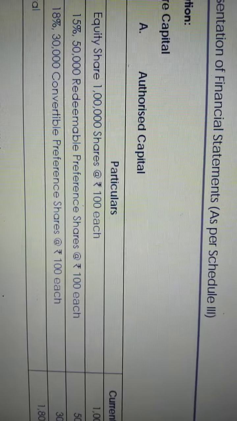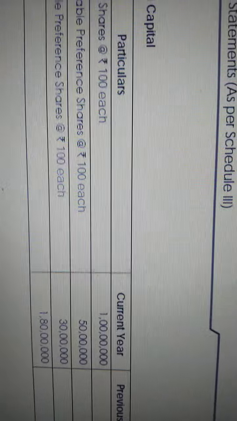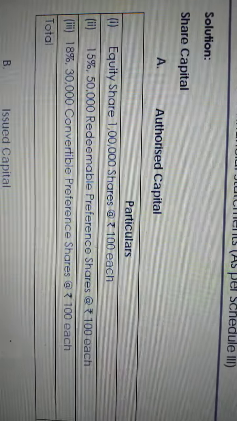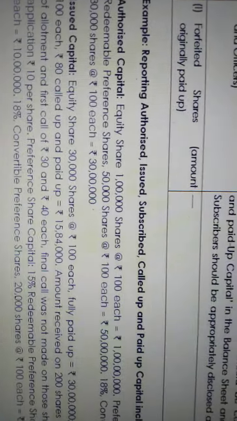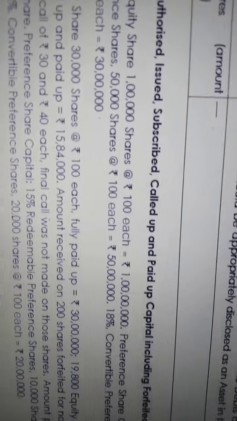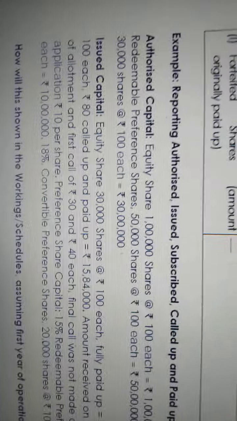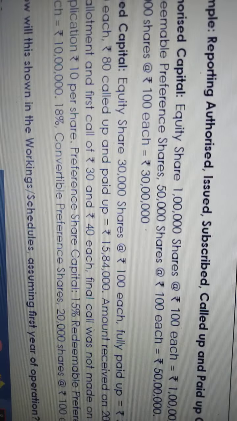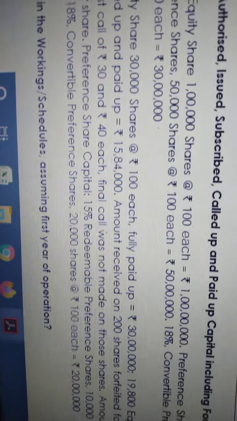First, authorized capital, 1 lakh equity shares. I am directly reading the answer. Question: authorized capital 1 lakh shares, preference share capital authorized how much? 50,000 shares. Then convertible preference shares how much? 30,000 shares. Then issued capital, out of 1 lakh shares, equity shares 30,000 issued at 100 fully paid.